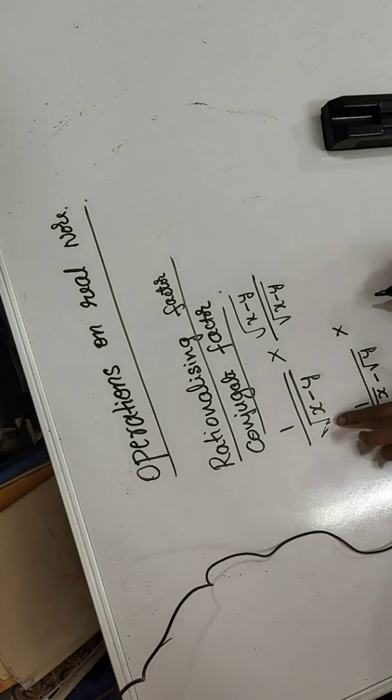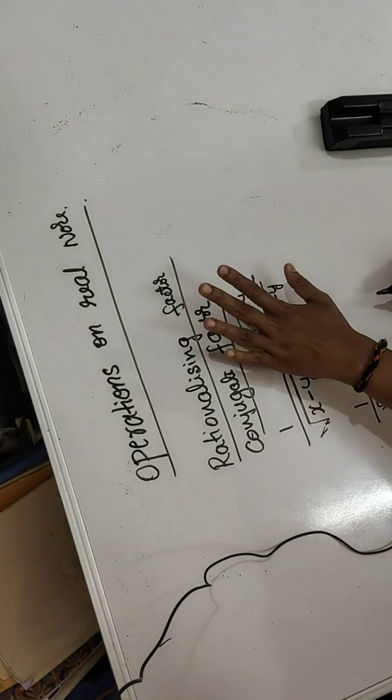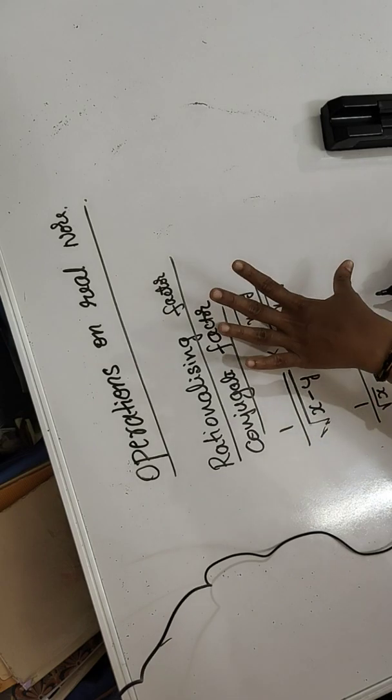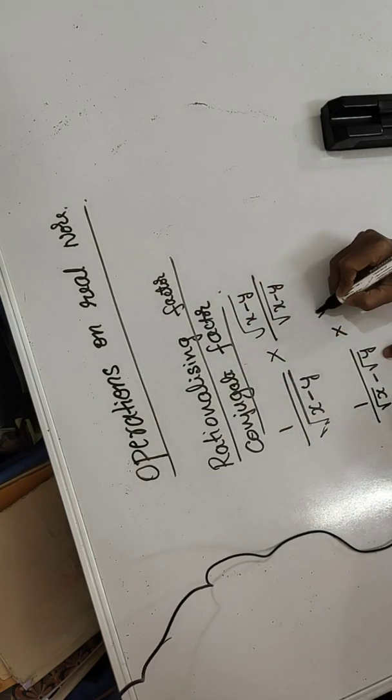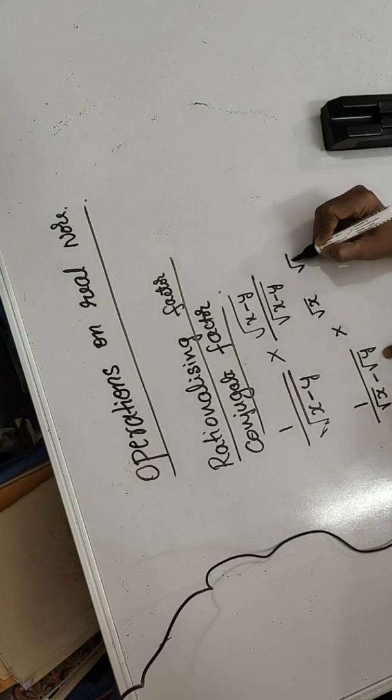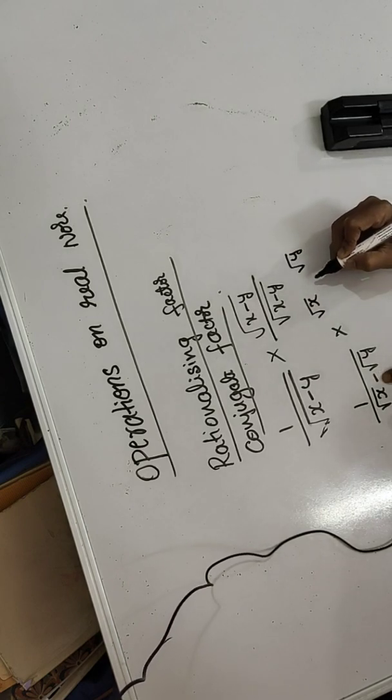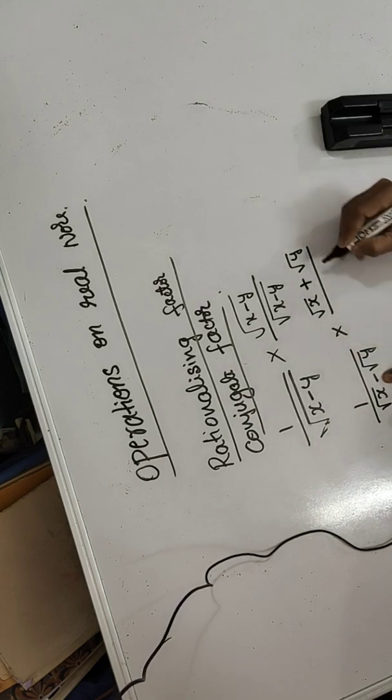Here the roots are not separated by a sign. When the roots are not separated by a sign, the conjugate factor is that root itself. But when the roots are separated by a sign, the conjugate factor has the same numbers, but the sign becomes opposite.